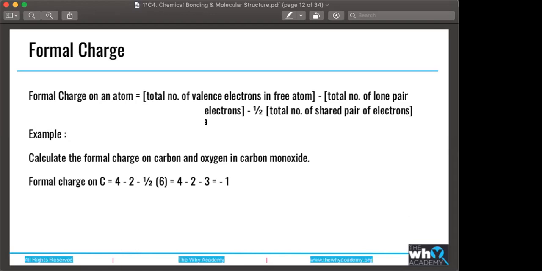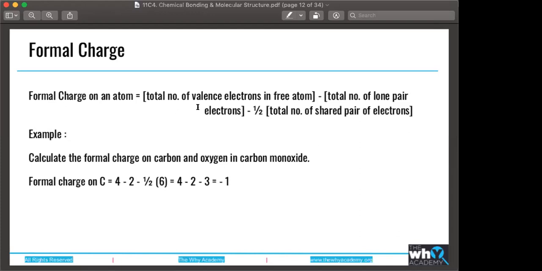But in the case of covalent compounds, it is sharing electrons, right? So it's not completely losing electrons, but at the same time, the electron that it has itself is not its own. It is sharing with another atom, which means the overall charge has decreased somewhat.